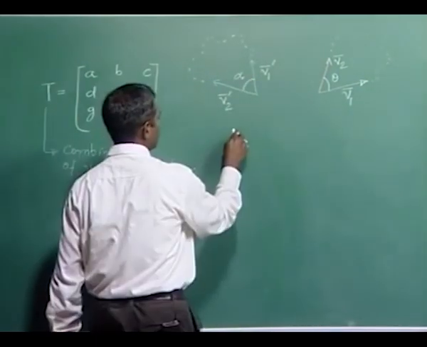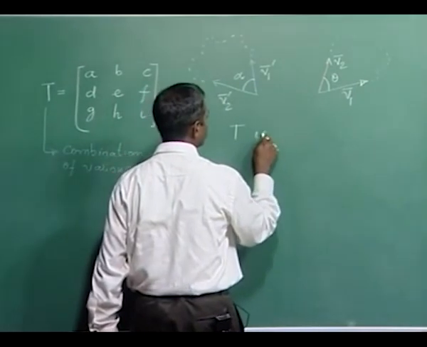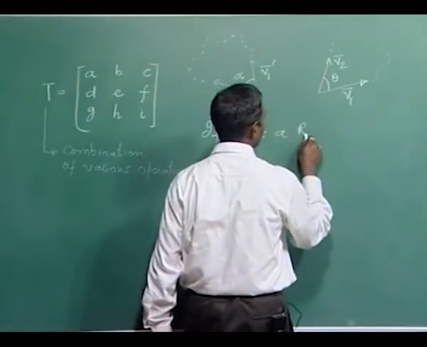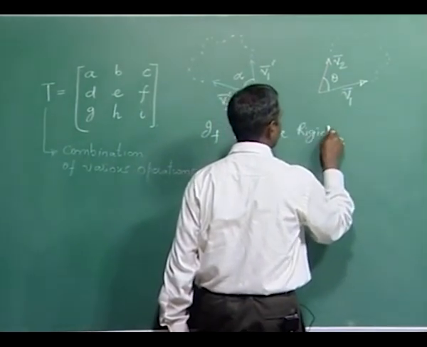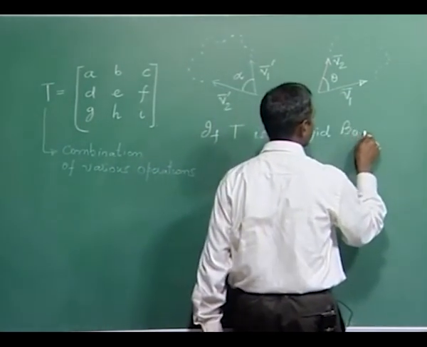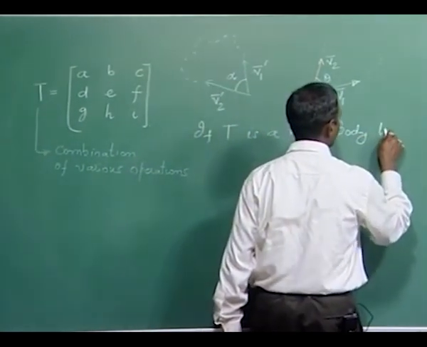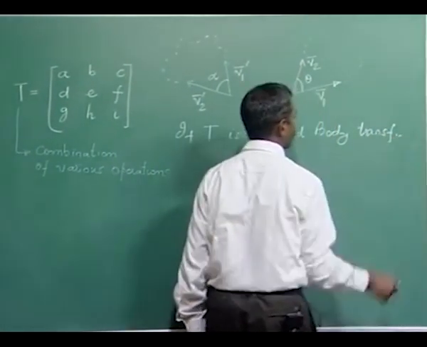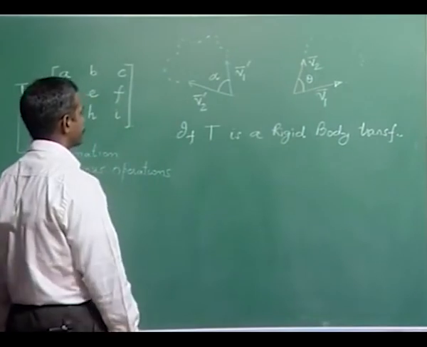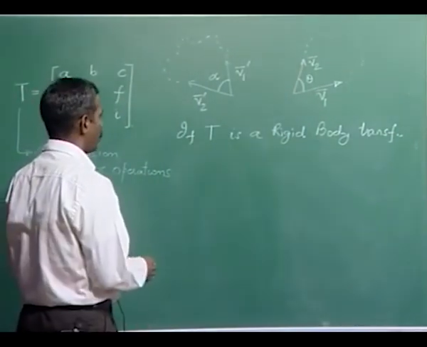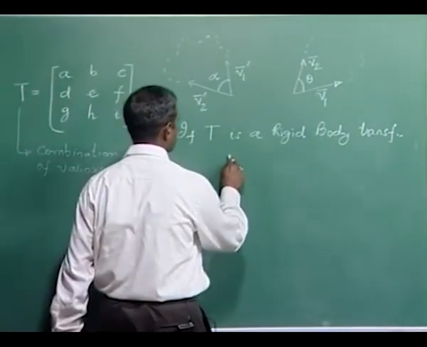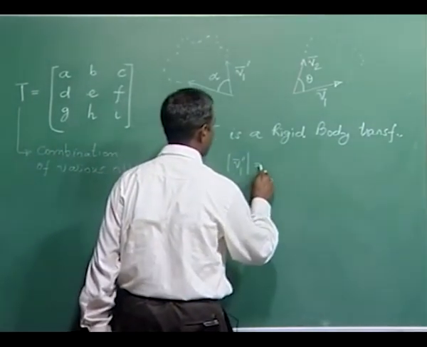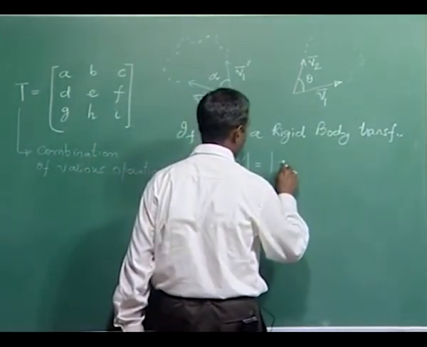If T is a rigid body transformation, what do we expect? Well, we expect that the magnitude of V1 prime is the same as the magnitude of V1.